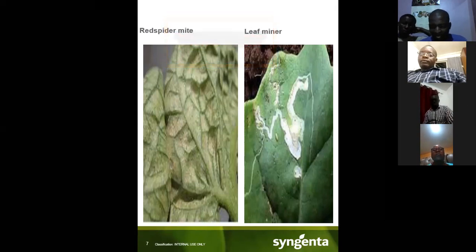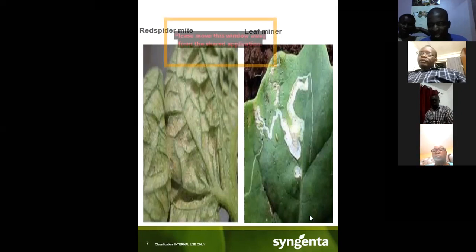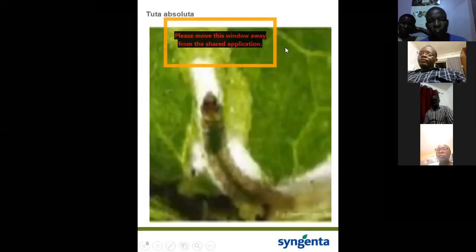From leaf miners, we move on to another pest, which is Tuta absoluta, the common one, which has also devastated a number of tomato fields.